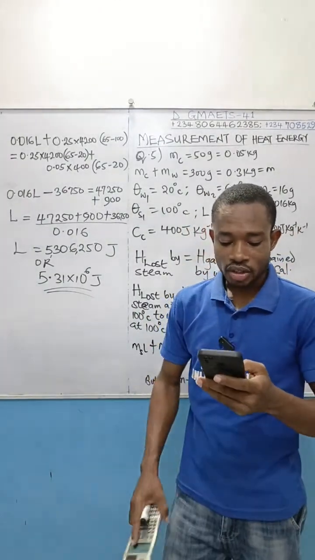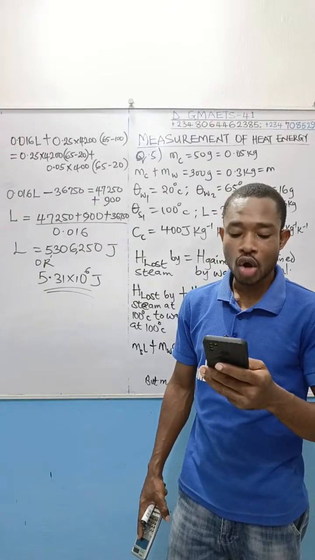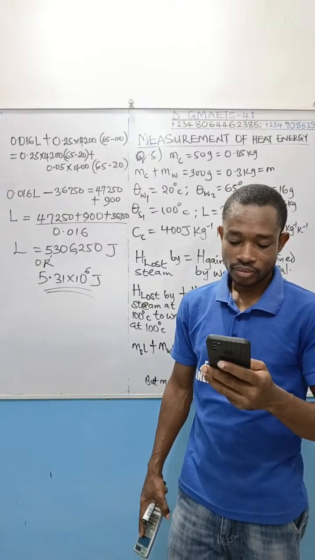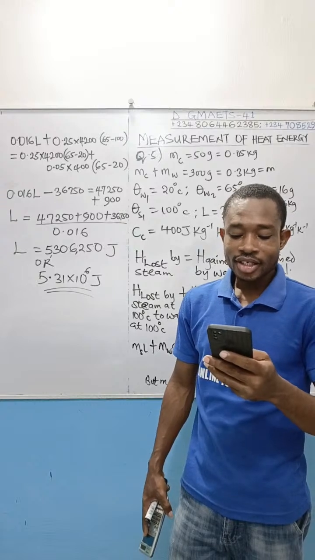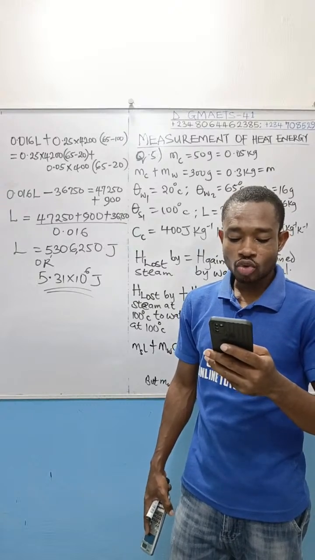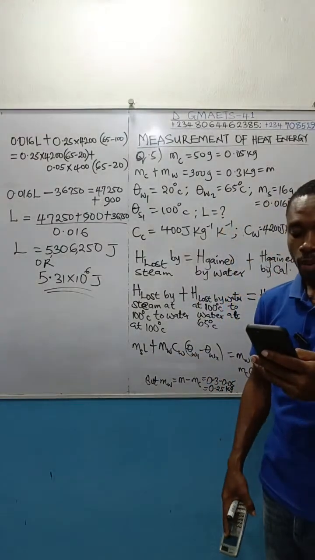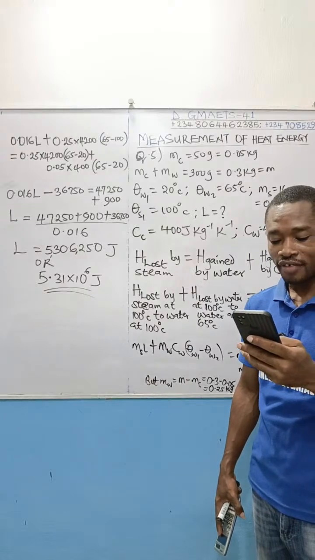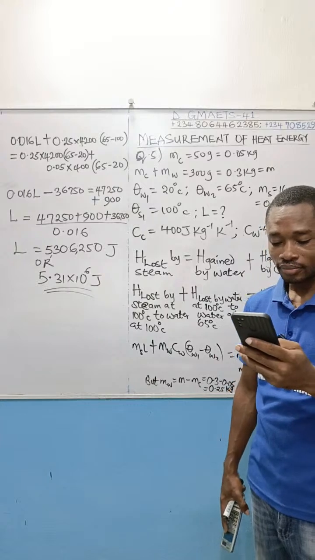So we have this question. A copper calorimeter weighing 40 grams contains 200 grams of water at 35 degrees centigrade. 20 grams of dry ice is added to the water, and this reduces the temperature to 25 degrees centigrade after all the ice has melted.